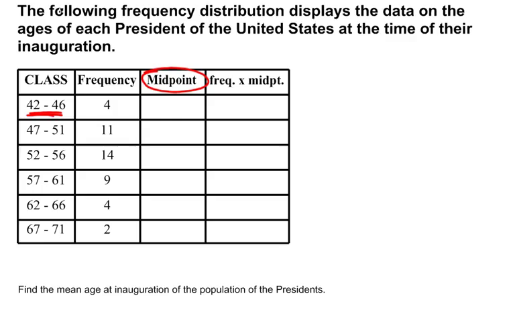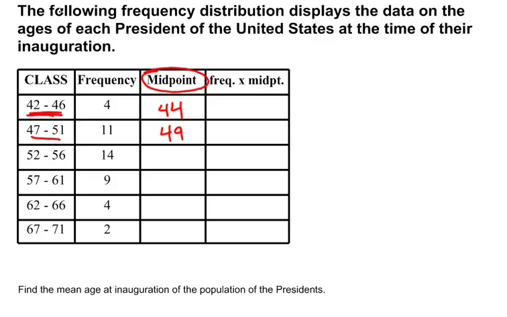The midpoint can be found by adding 42 plus 46 and dividing by 2. 42 plus 46 is 88, and 88 divided by 2 gives us 44 as the midpoint. Going to the next class, 47 to 51, the midpoint is 47 plus 51, which is 98, divided by 2, which gives 49.